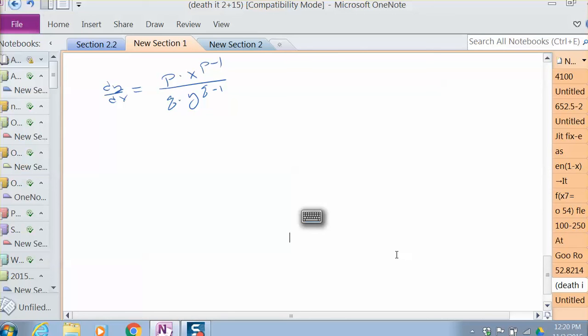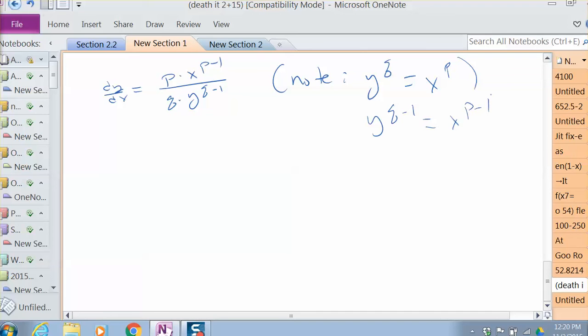Remember, we knew that y to the q had equaled x to the p. So of course, y to the q minus 1 equals x to the p minus 1.